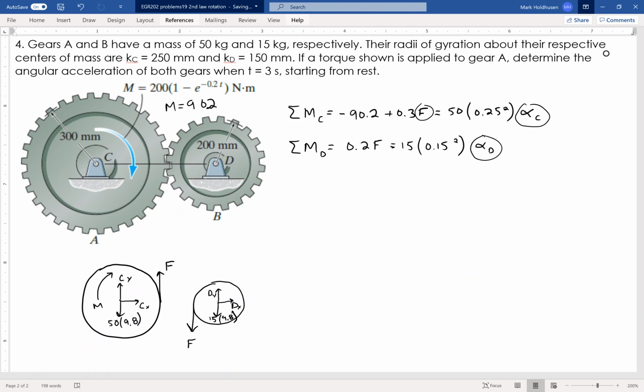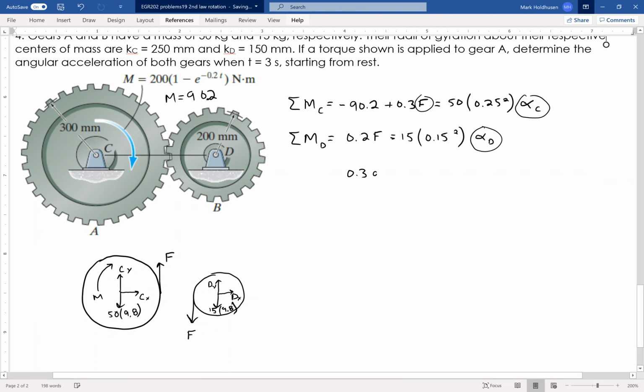Of course, I know the relationship between these gears: the accelerations at the edge have to have the same motion. So that's going to say that 0.3 alpha C equals negative 0.2 alpha D. I don't know which one's positive and which one's negative, but I know that one turns one way and the other has to turn the other direction because of how gears work.